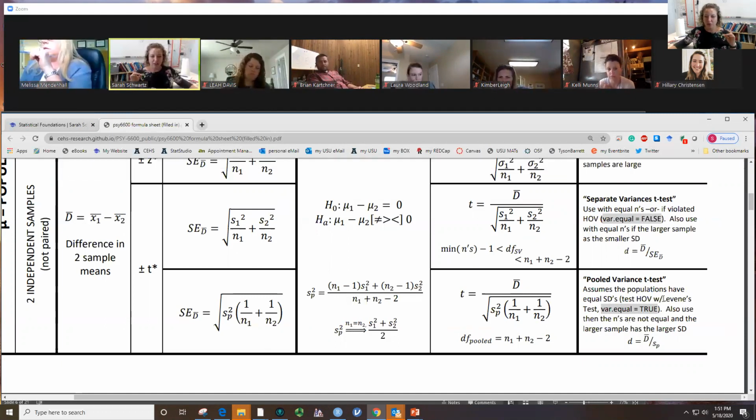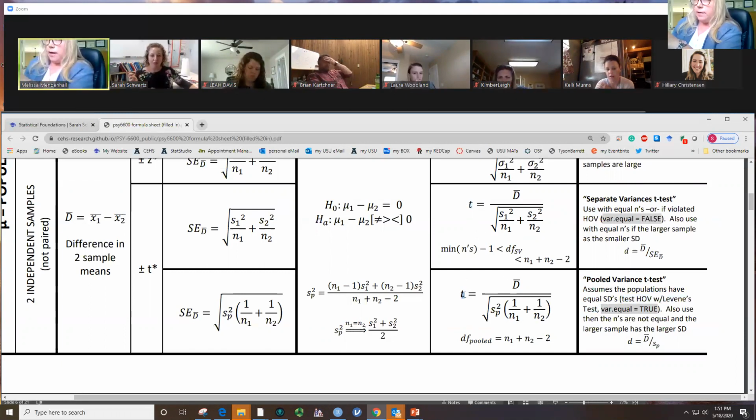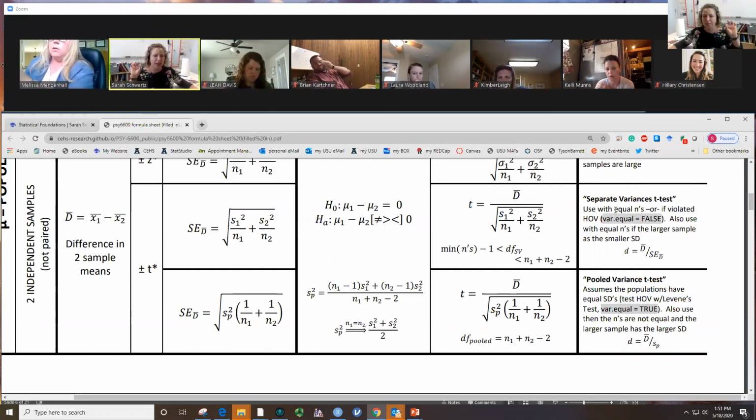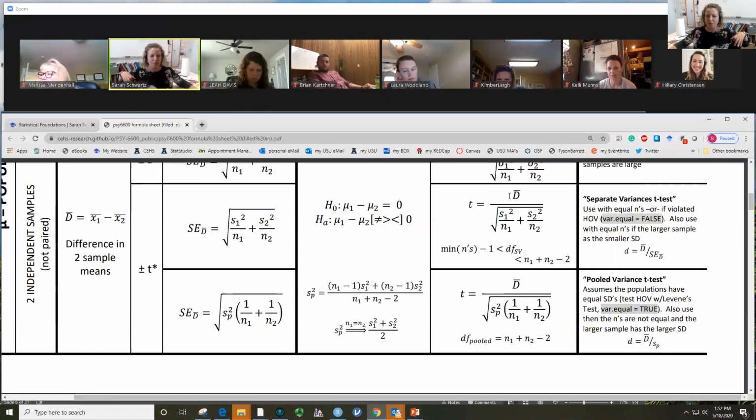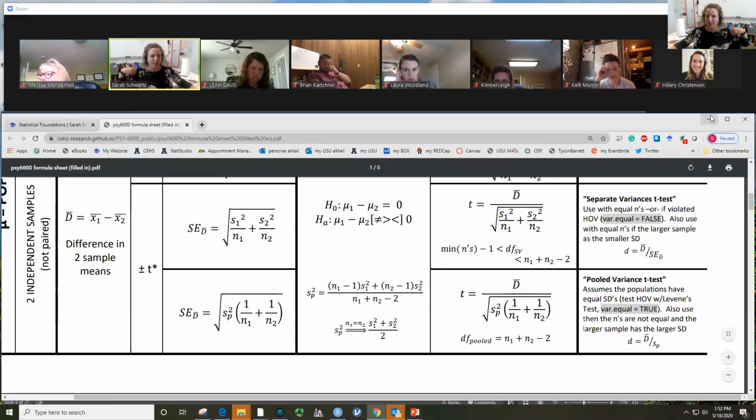We're going to test homogeneity of variance with Levene's test. We'll get that in a second. So we just need to make a note on that, let me get back to you on that, and I'll get the corrected one up. I can't believe that there's still an error on this one. I've been using this one for like 8 years. That would be crazy. So let's go back to our slides.